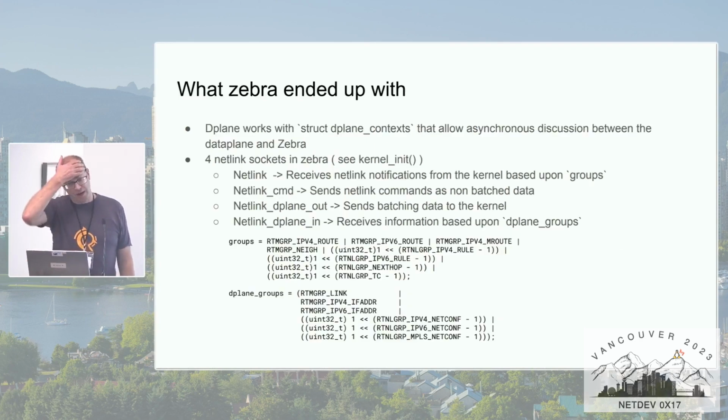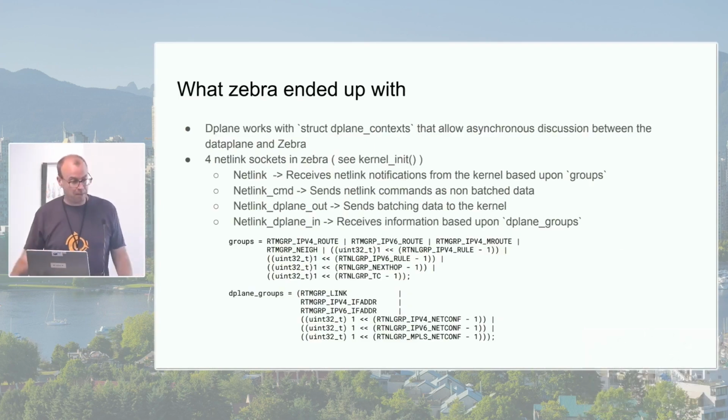All right, so what did we end up with? We ended up with a mess. We have 4 netlink sockets in Zebra for handling different types of commands. The first one, netlink, receives netlink notifications from the kernel based upon groups.